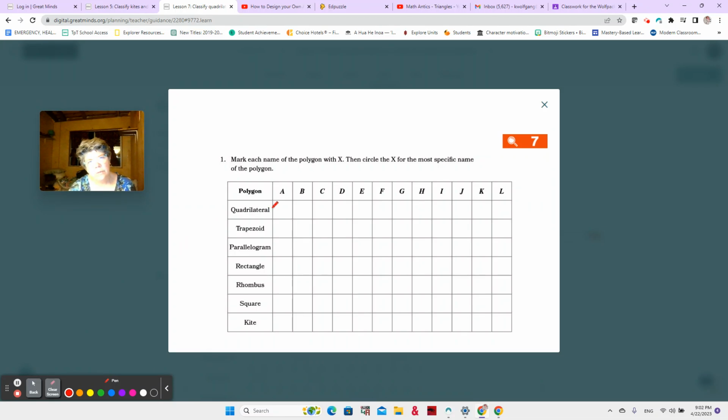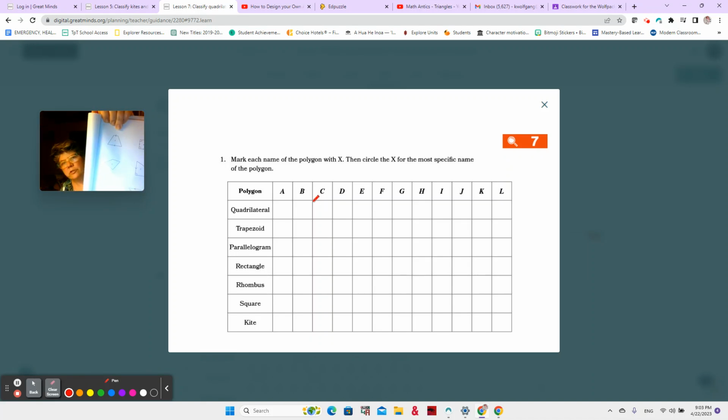So if you're looking at shape A, the ones that you cut out, you still have them. They're just not on the page.